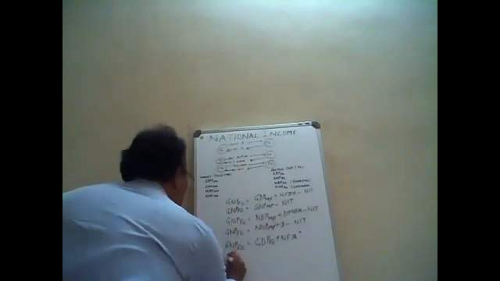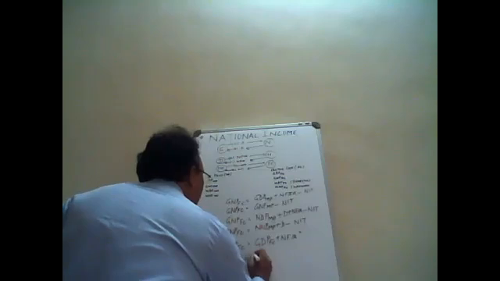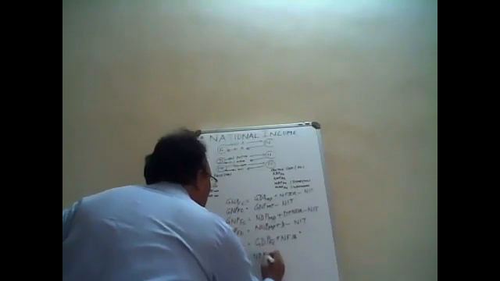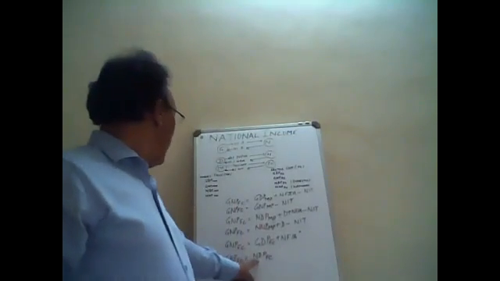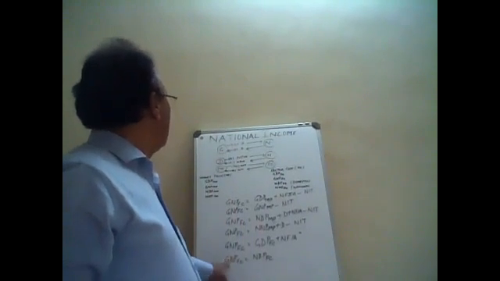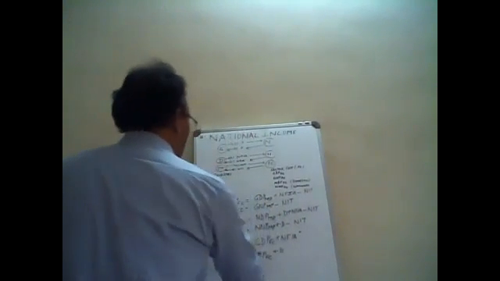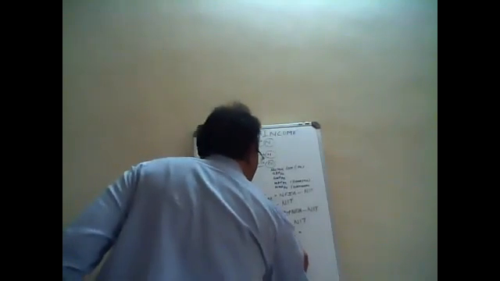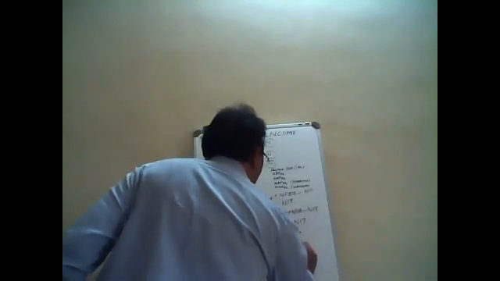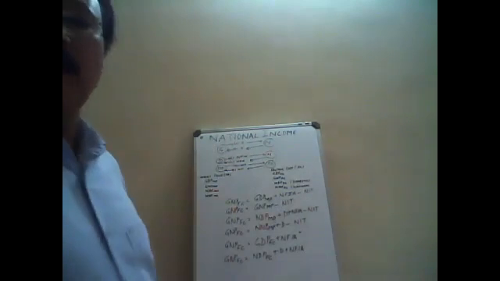Next, GNP factor cost when NDP factor cost is given. NDP factor cost. Net to gross, plus D. Domestic to national, plus NFIA. Factor cost, same.